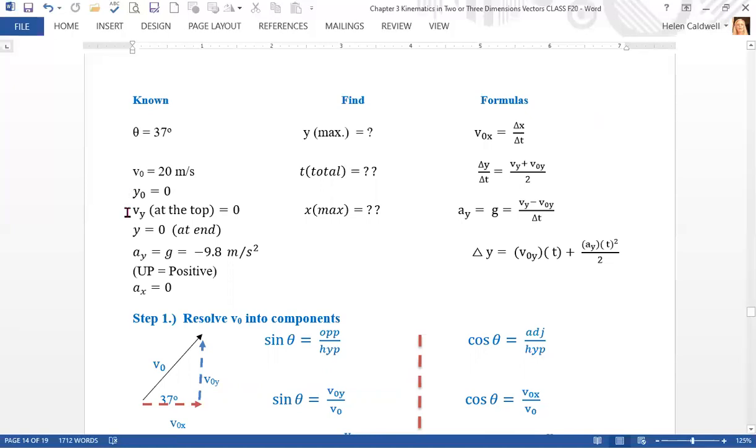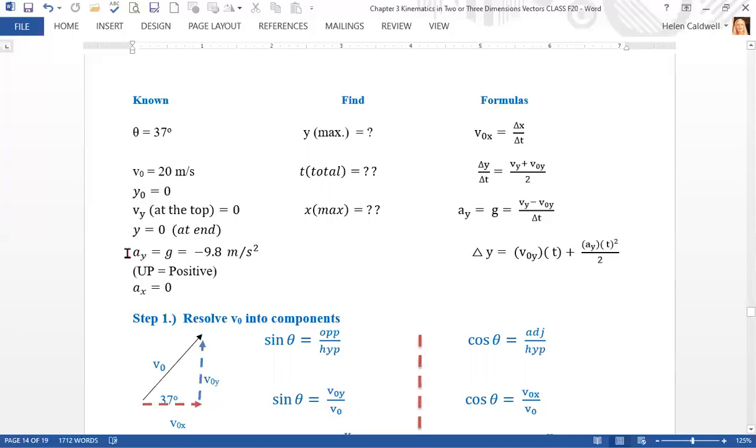We also know that the velocity in the y direction at the top of the path is equal to 0. I find if I don't write that down in my list of knowns, I forget that I know it, and it comes in very handy. And because they didn't tell us our initial starting position, we can assume that our starting and our ending are both 0.